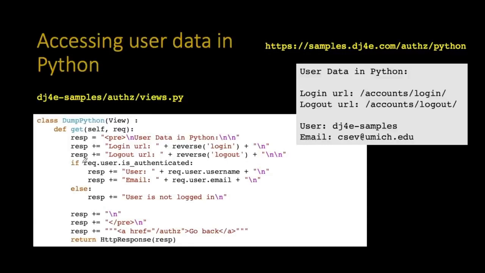And so the user information is pretty much the same as what's in the template context user: user is authenticated, their username, their email. I could have had req.user.id if I wanted here, and otherwise it's not logged in, and then I just throw this back as a simple HTTP response. This isn't all that useful. It's just showing you how to get your hands on those values if you're in Python.